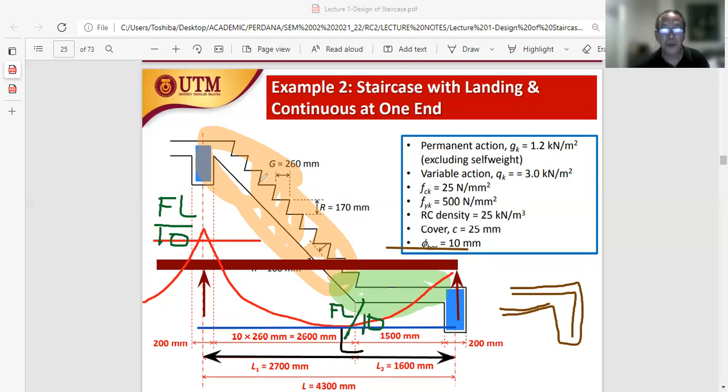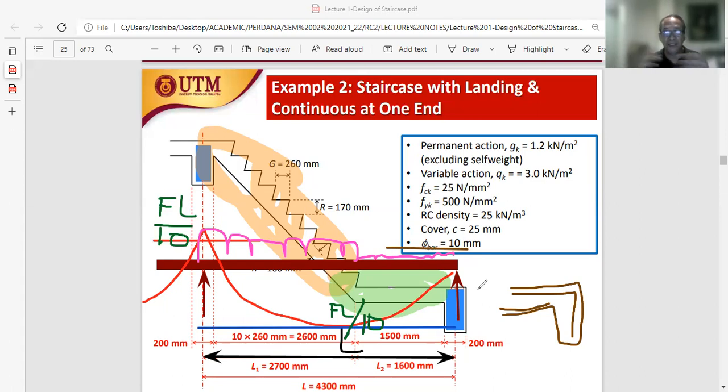And because we have two shapes combined into a single span, one is the inclined section of the staircase, another one is the horizontal section, the loading resulting from this combination would have a loading that represents the inclined section, and another loading that represents the horizontal section. And we will clearly see there is a difference between the inclined section loading and the horizontal section loading.